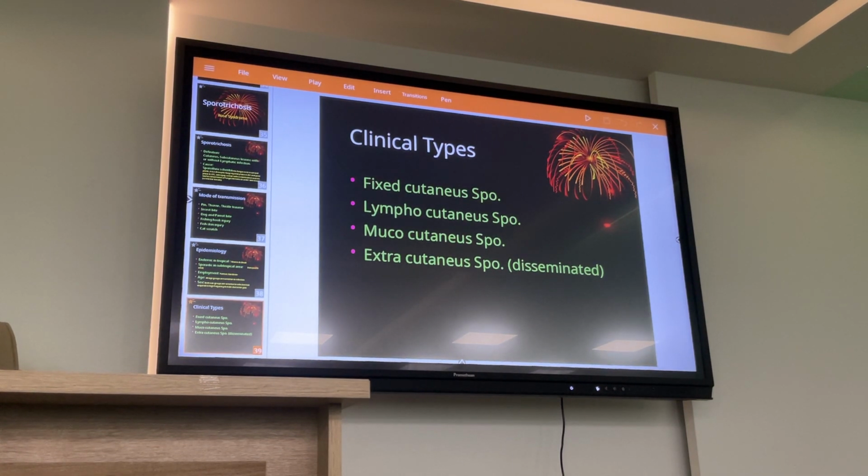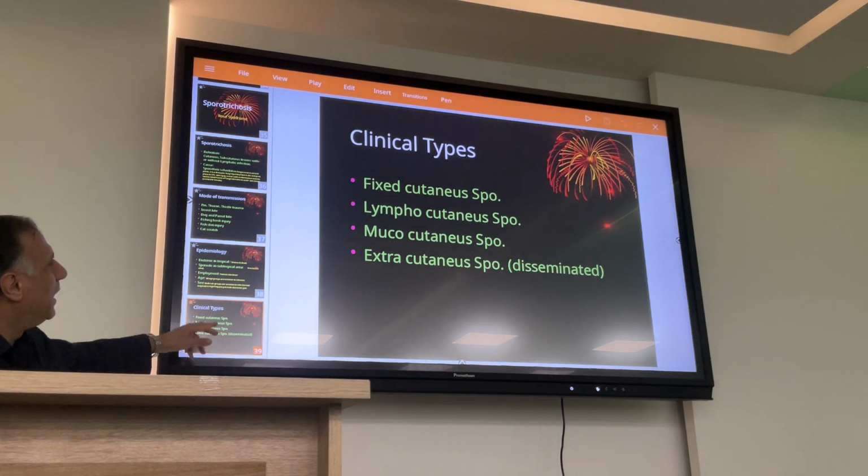Second, the eye; we may have blindness with this infection. Also brain infection and lung infection. Lymph nodes in the mediastinum may show the infection and be mistaken for other infections like tuberculosis.